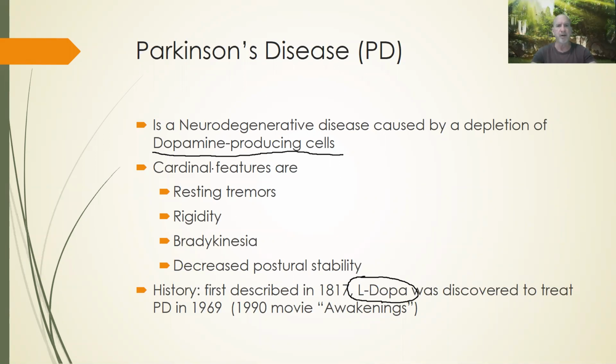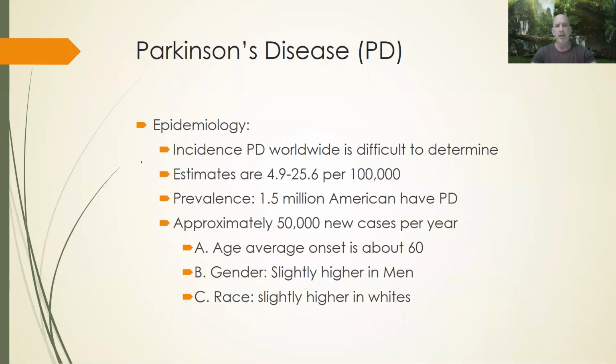The features of Parkinson's, we're going to talk a little bit more about that in the next slide, so I'm going to skip over that right now. Here's just some stats about it. It's about 1.5 million Americans have it. All of us have probably met somebody or have someone in the family or had a patient who had Parkinson's.